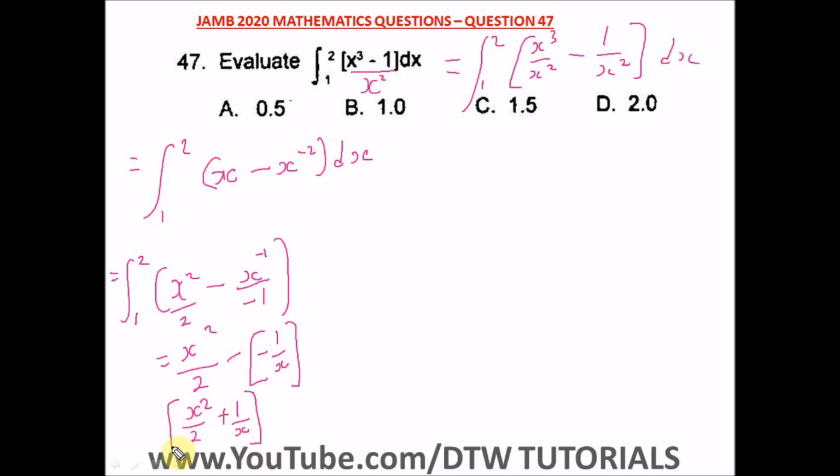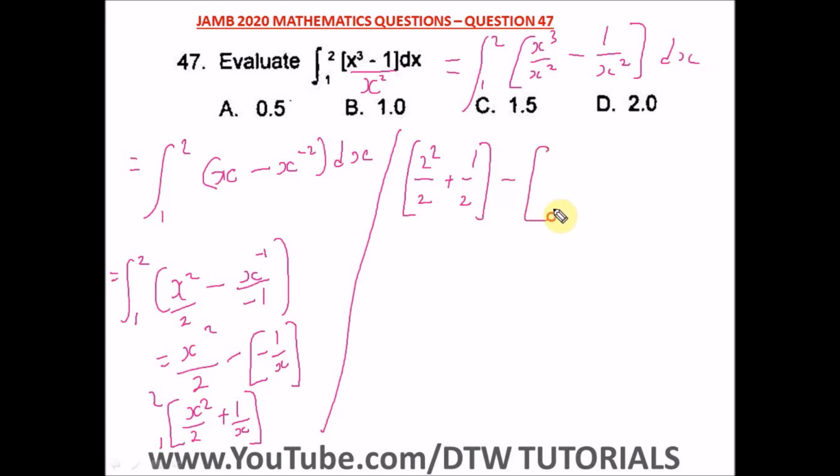So we are looking for this. This is 2 and 1. So from your integration, we have this. We have bracket 2 squared over 2 plus 1 over 2, minus 1 squared over 2 plus 1 over 1.